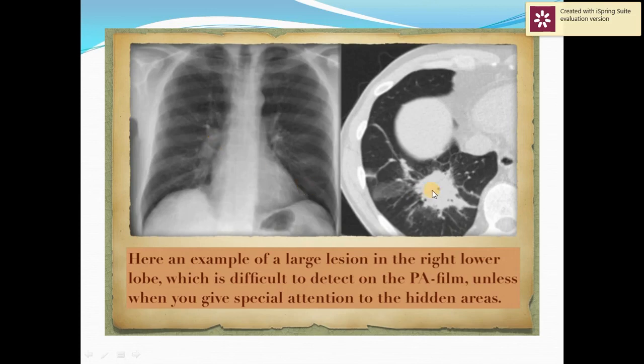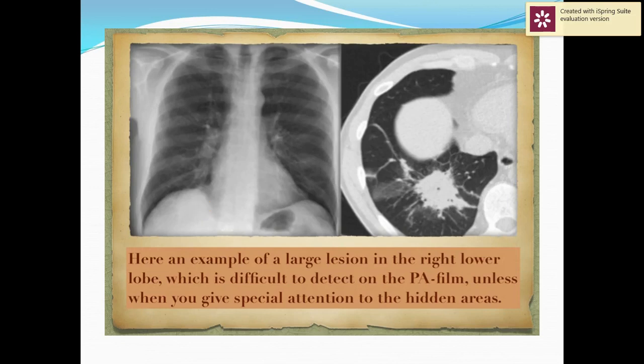But by doing the chest CT scan, there is a right lower lobe soft tissue lesion behind the cupula of the diaphragm, which was not obviously seen in the PA view.